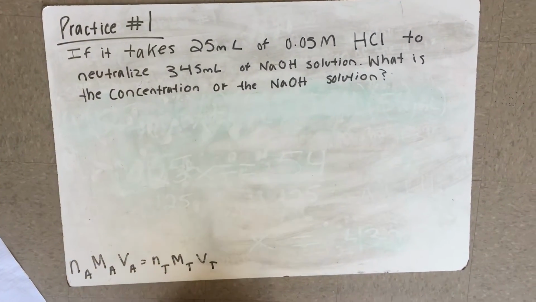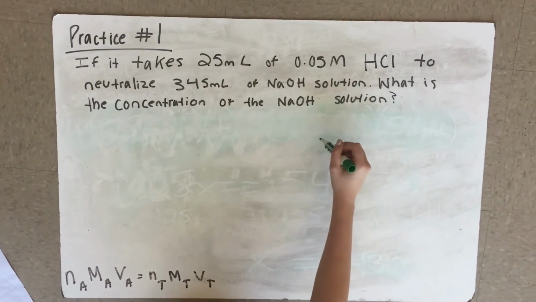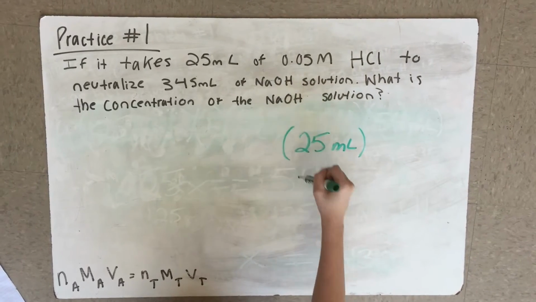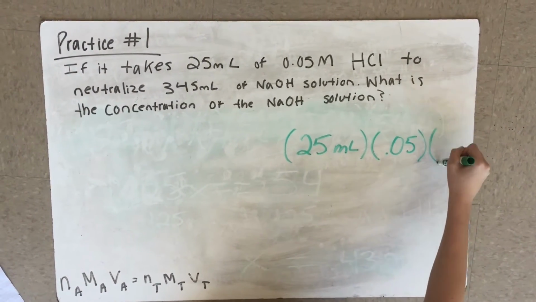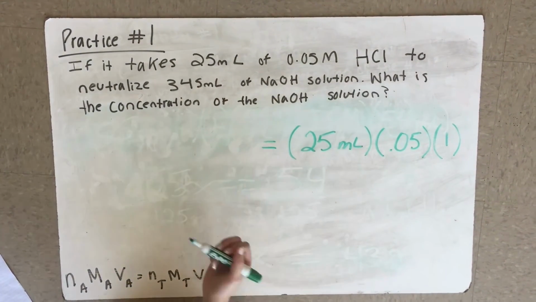Okay, since the HCl is the known concentration, that would be the titrant, so it would go on the right. And the NaOH would go on the left.